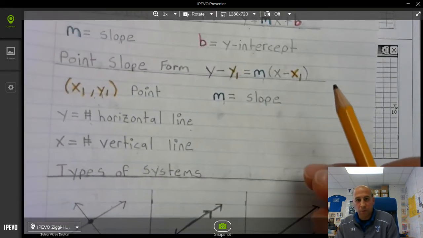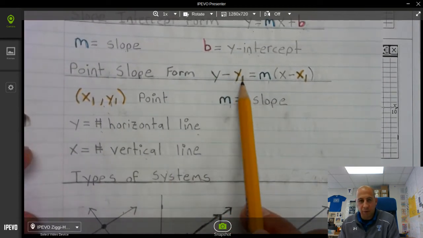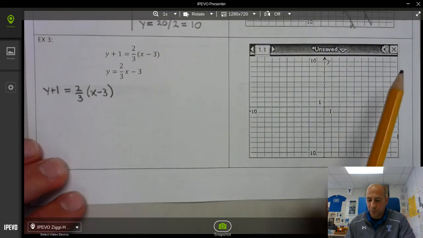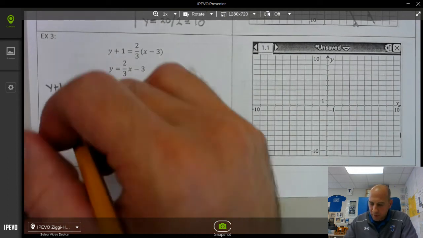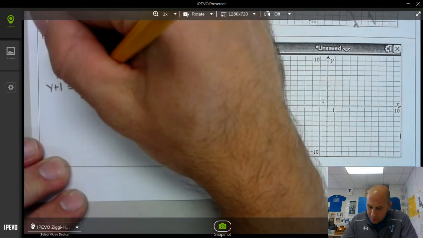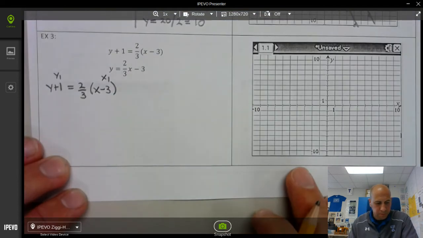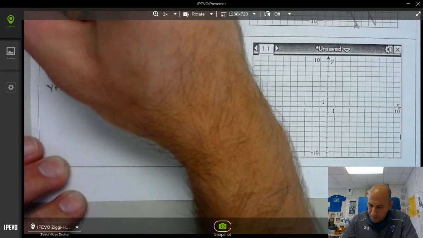Actually, no. Whoa, I just noticed this is cool. We can actually use point slope because we have y minus y1, we have slope, and we have x1. Whoa. So with that said, this is y1, this is x1, so this is actually point slope form.